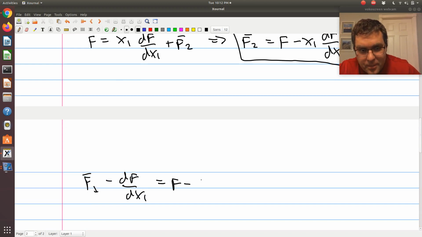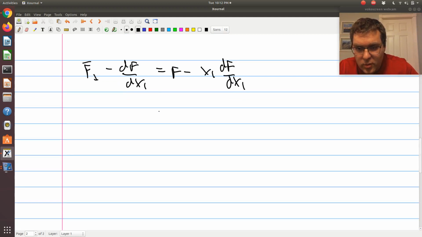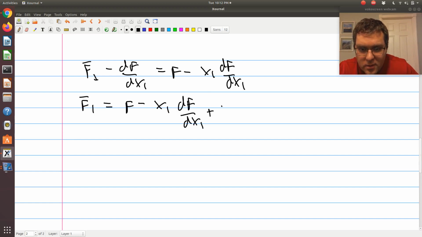Let me bring this df dx1 over here. So f bar 1 then has to be equal to f minus x1 df dx1 plus df dx1.